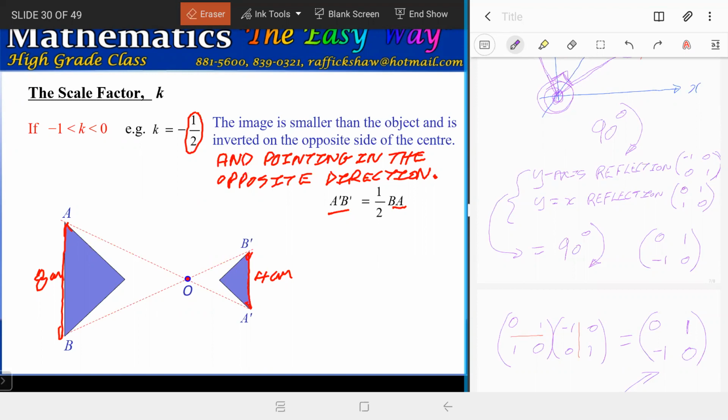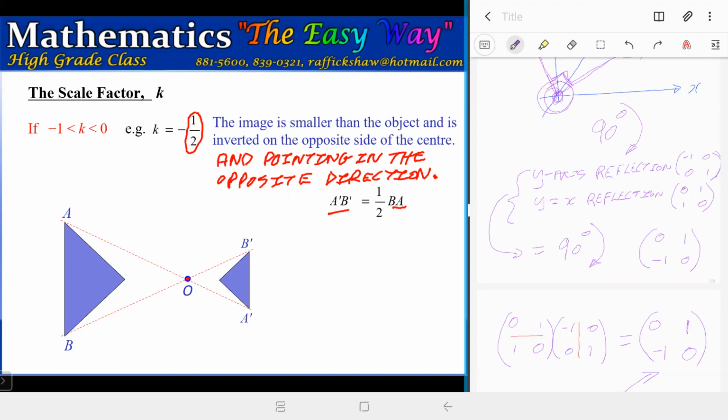And know that the scale factor is negative because they are pointing in opposite directions, and also because the center of the enlargement is between them. So the same thing that applies for the length applies to the distance from the center. Same thing for the B.